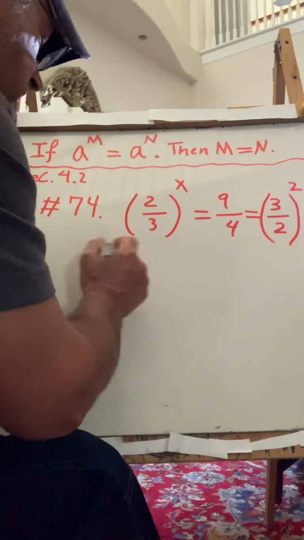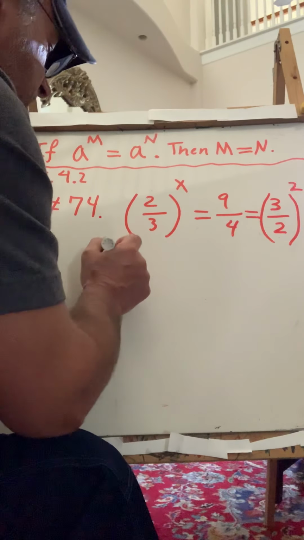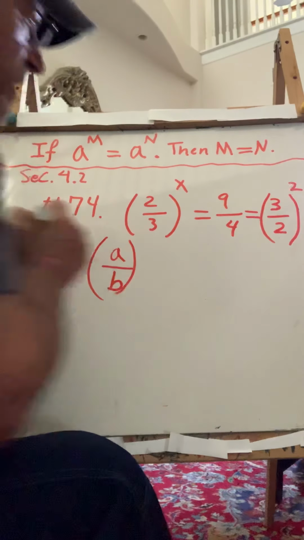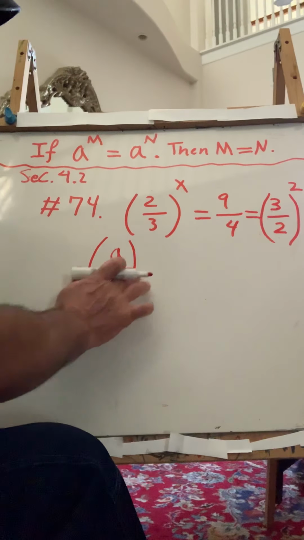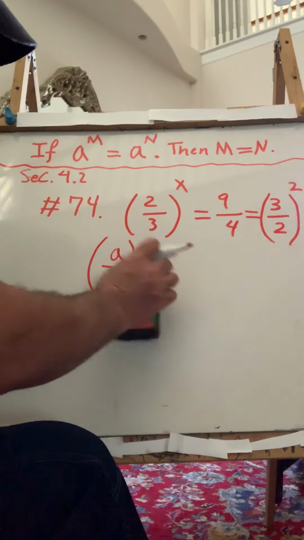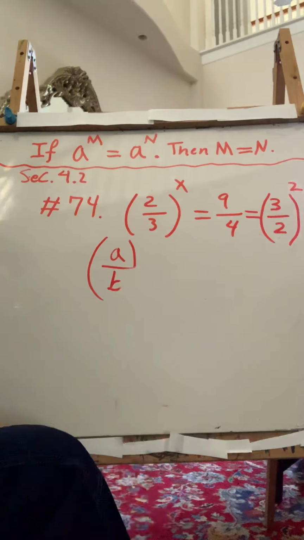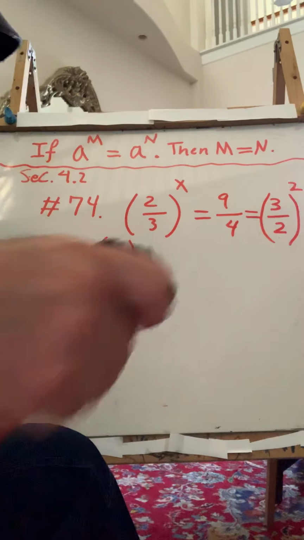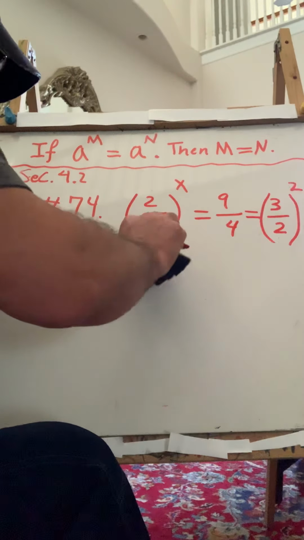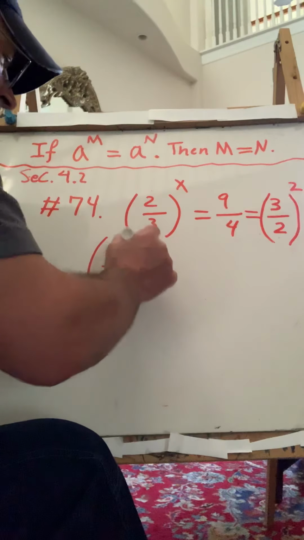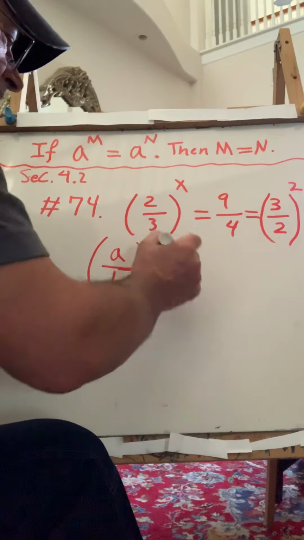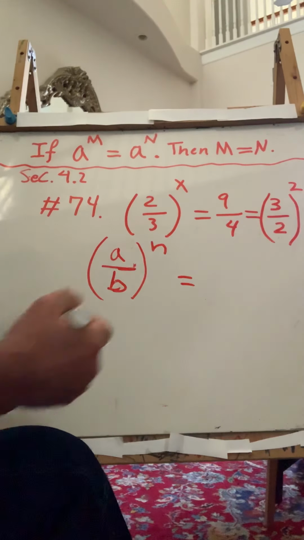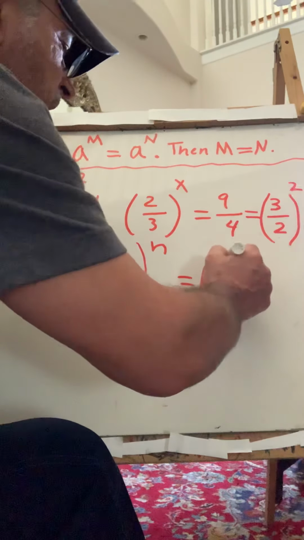In other words, it says that (a over b) raised to the power of n, and again, this is for any numbers a and b, also for any exponent n, is the same thing as b over a.